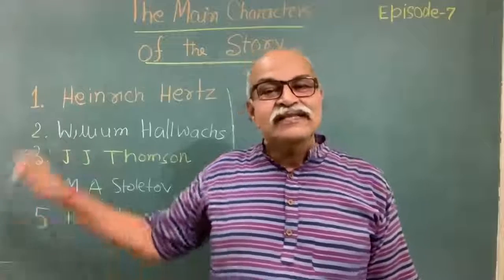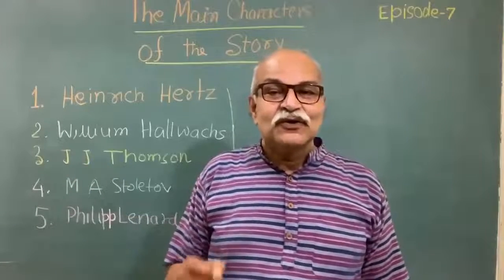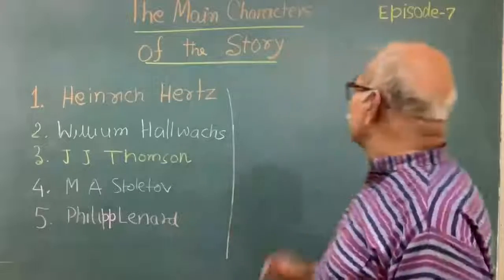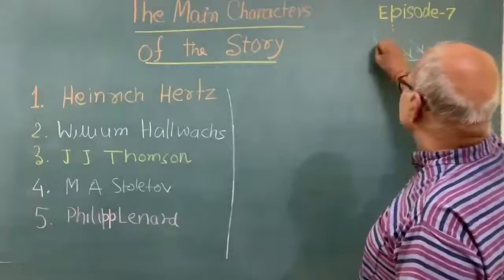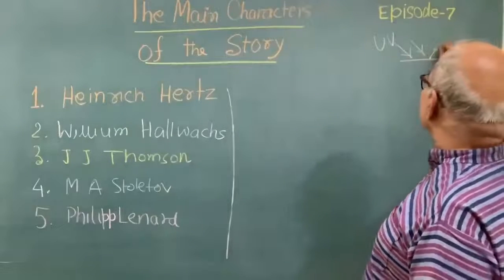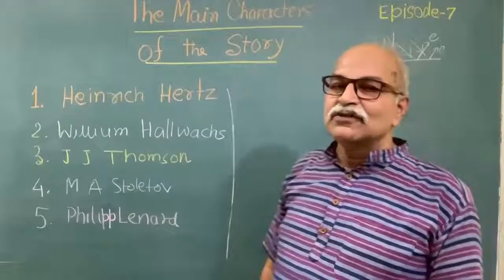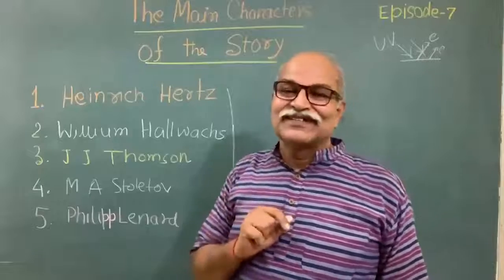Now, in all these experiments that we have described so far, the focus was on the electrons which are coming out. So, if you have a metal and then light falls here, this is your UV radiation, and then electrons are coming out. These studies are basically focusing on the electrons.